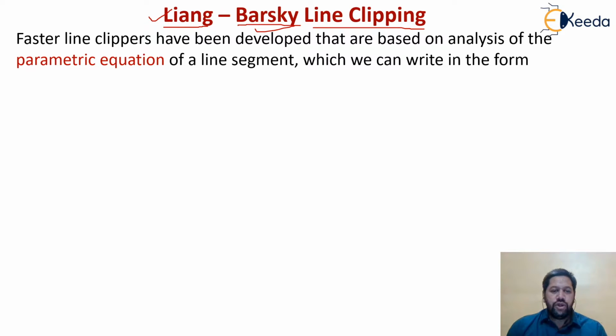Now, why do we go for different algorithms? The reason is we want to perform line clipping faster. So faster line clippers have been developed that are based on the analysis of the parametric equation of a line segment, instead of the way we used in the Cohen-Sutherland line clipping algorithm.